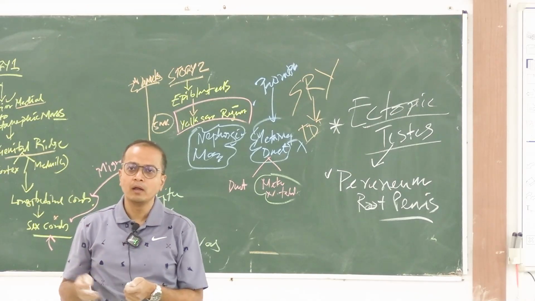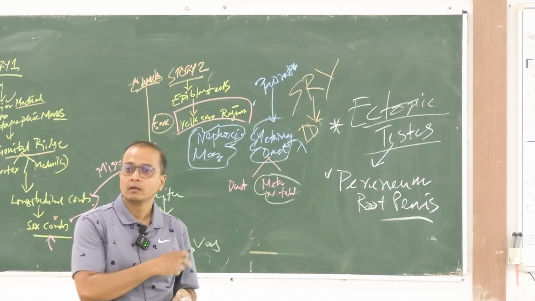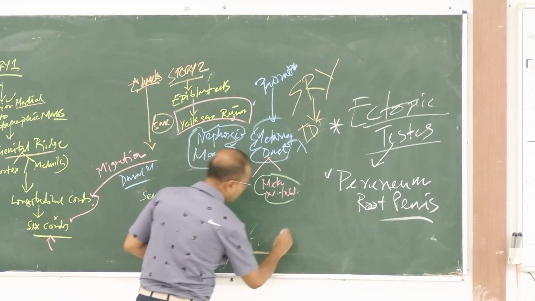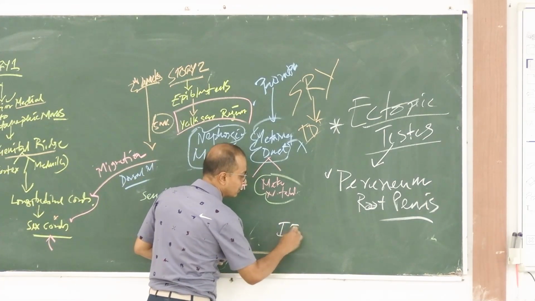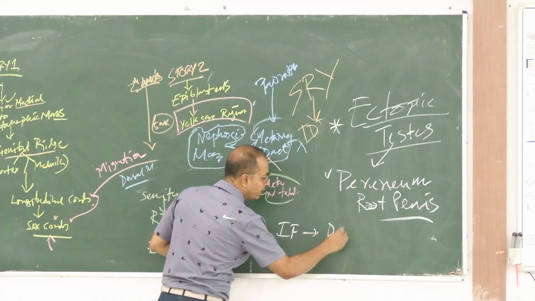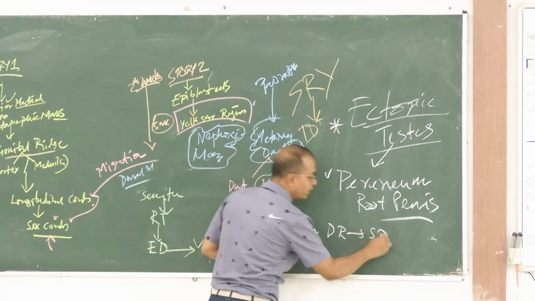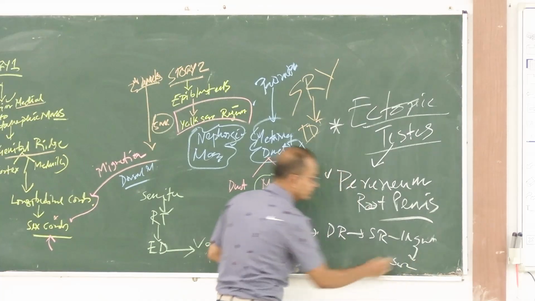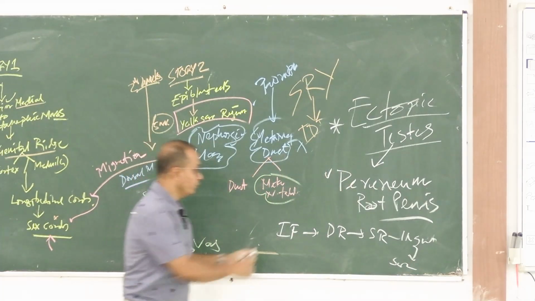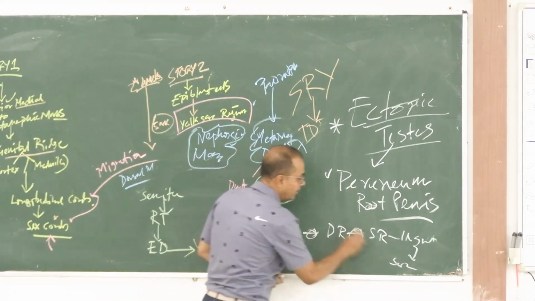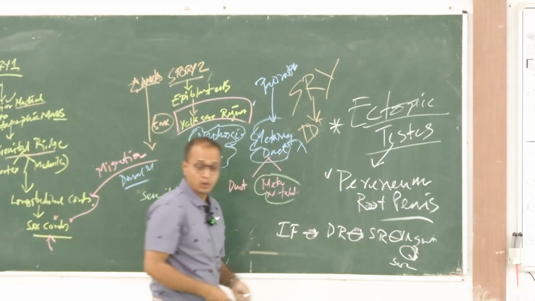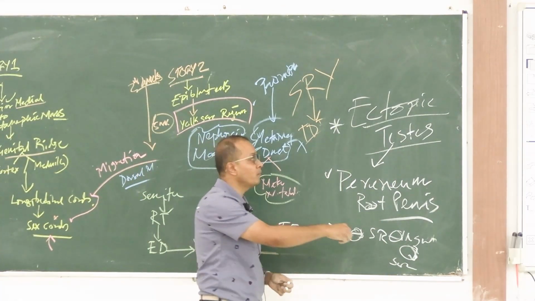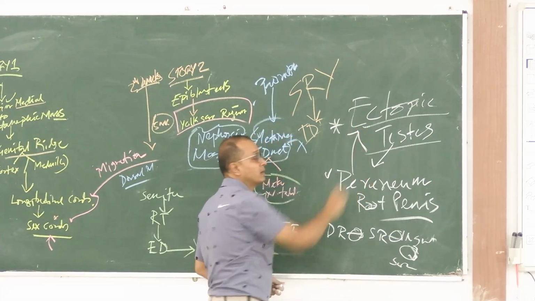At no point should the testis reach there. The normal path of the testis is from the iliac fossa to the deep ring, to the superficial ring, to the inguinal canal, to the scrotum. If the testes are anywhere in this zone, we call them undescended, and any deviation from it, we call ectopic testes.